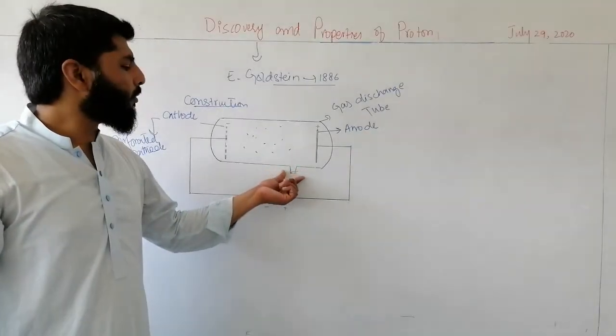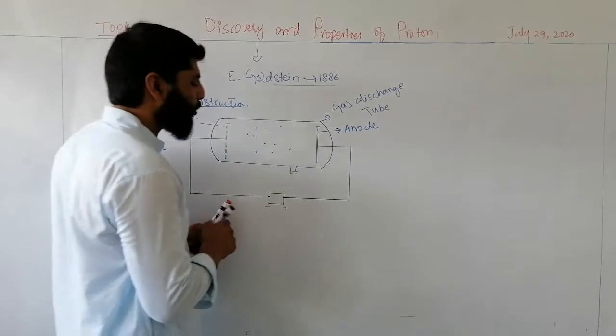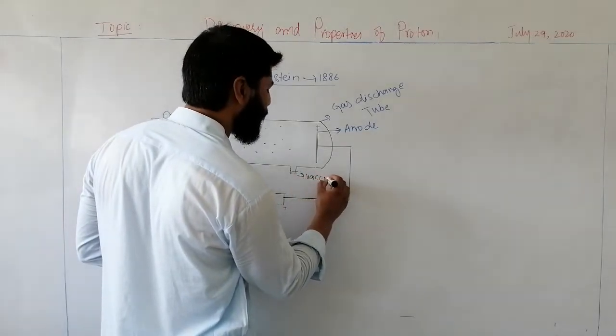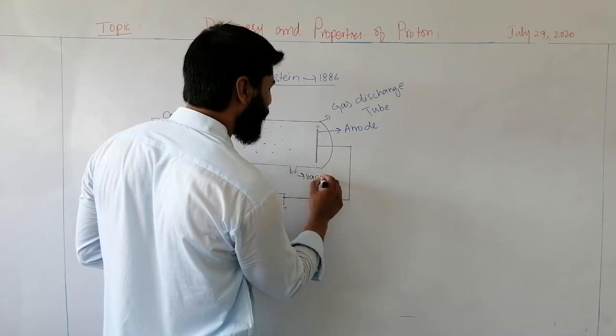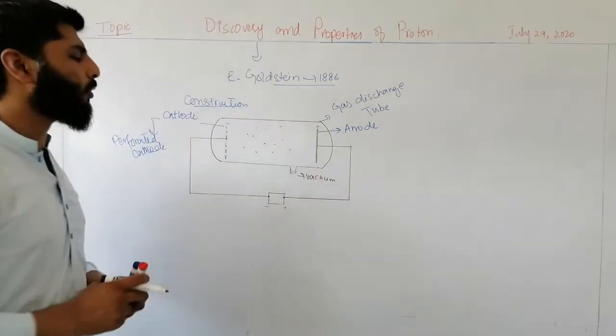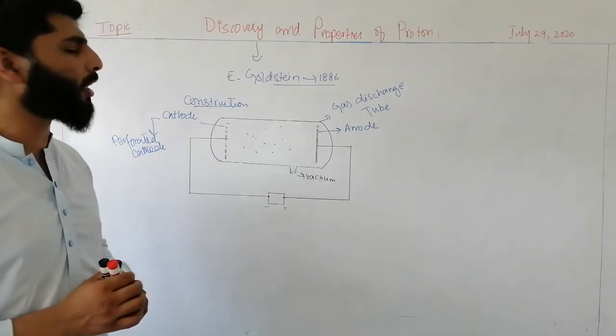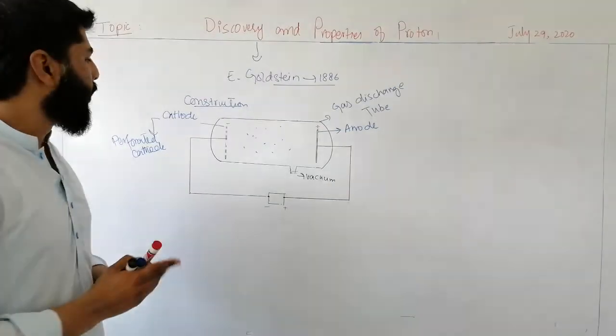The discharge tube was also connected to the vacuum pump. He also used the vacuum pump for the purpose of pressure control.